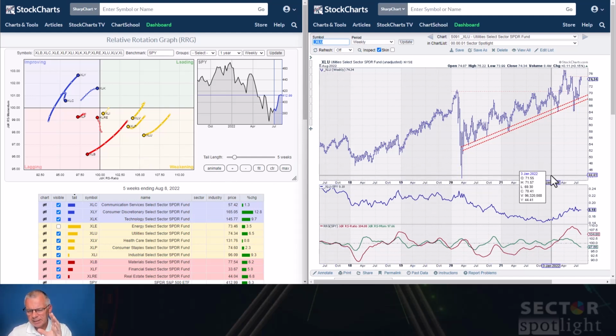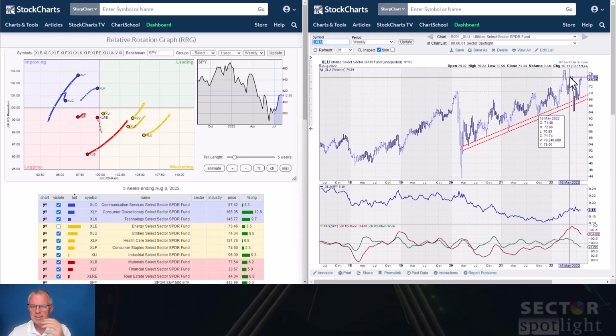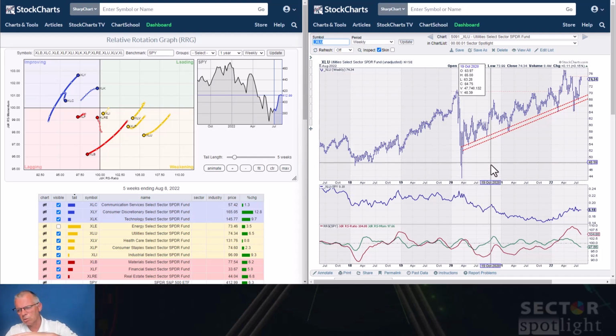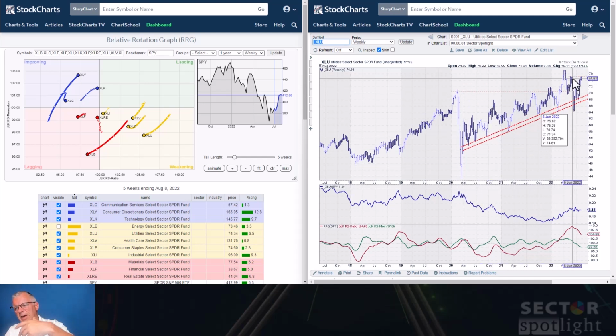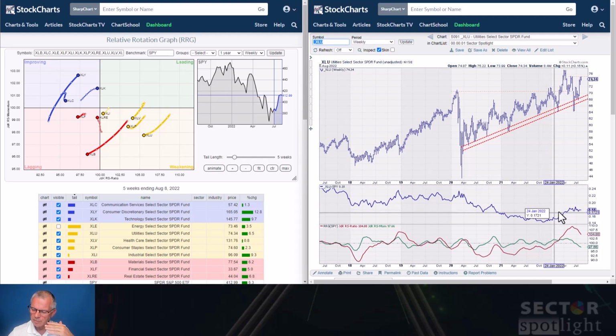So the move here in terms of price is hitting at the resistance level of the previous high. That is running into another resistance level, but it's not as bad as the others. So utilities, I think, especially when we can push higher here, have the ability to rise further and for relative strength to actually pick up again.